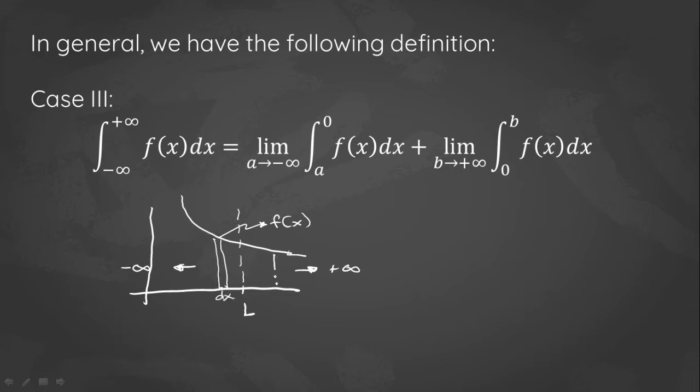dx, where our first area has the limits of integration from negative infinity to L, and the second limit is from L to positive infinity. We have here our equation that is equal to area 1 plus area 2.